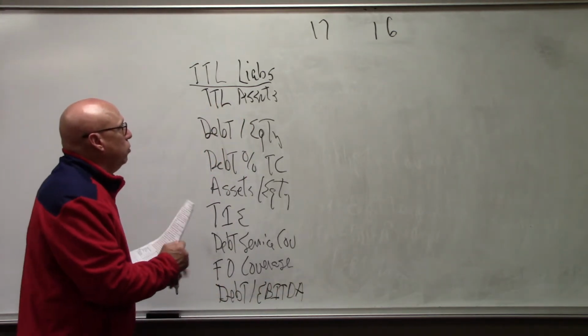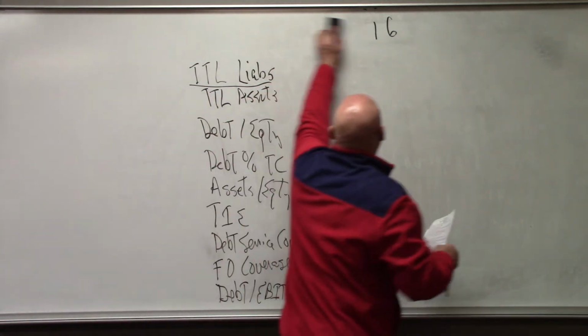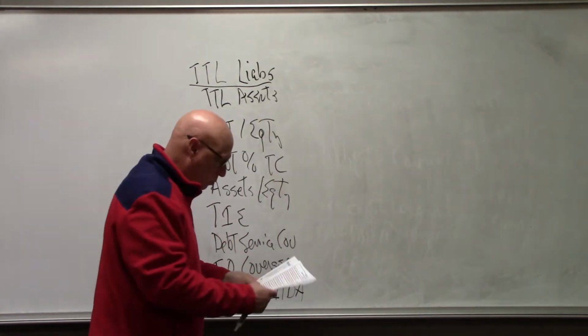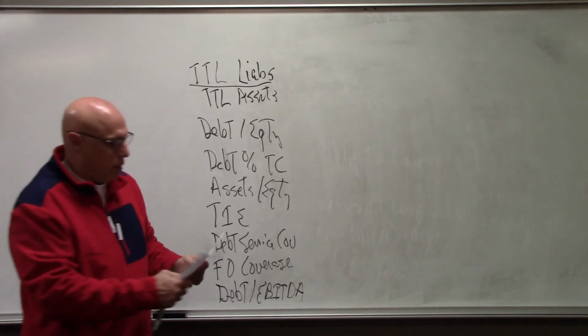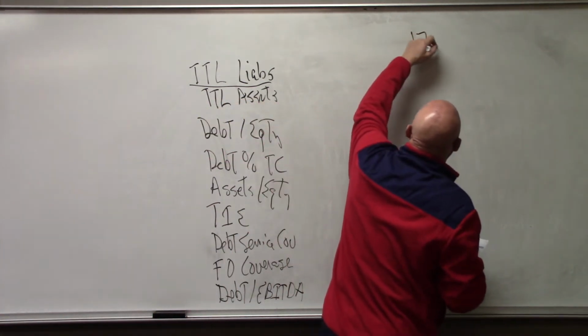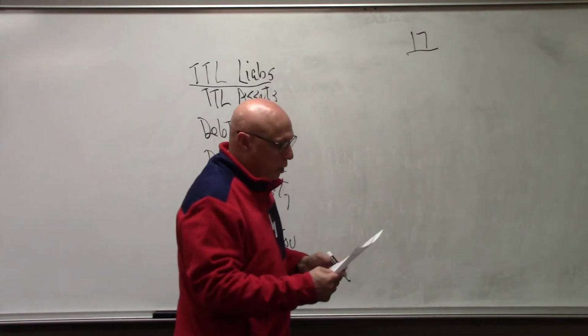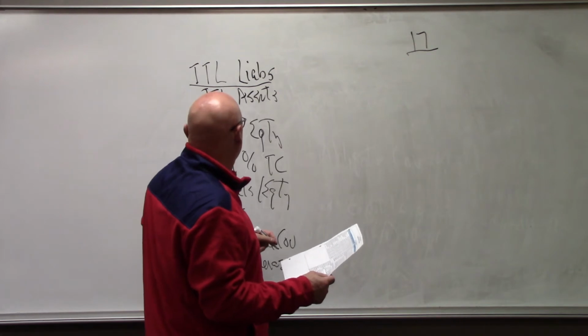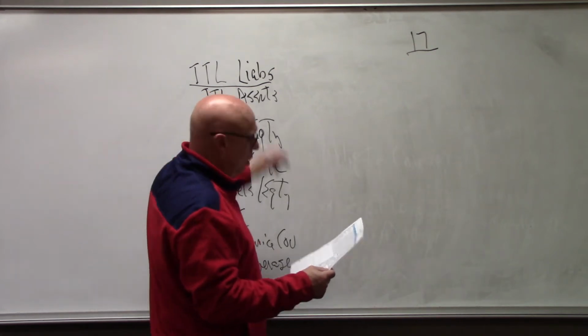All right, we're going to have to move these numbers over because we're going to do some calculations. All right, set that down. And so we're doing 2017, do it way over here. Hopefully that will give us enough room. For 2017, we're doing total liabilities to total assets.